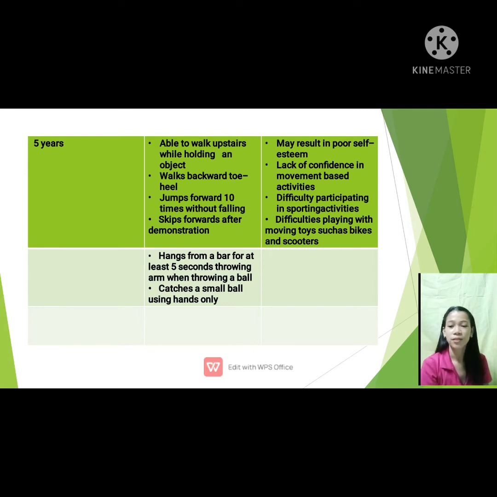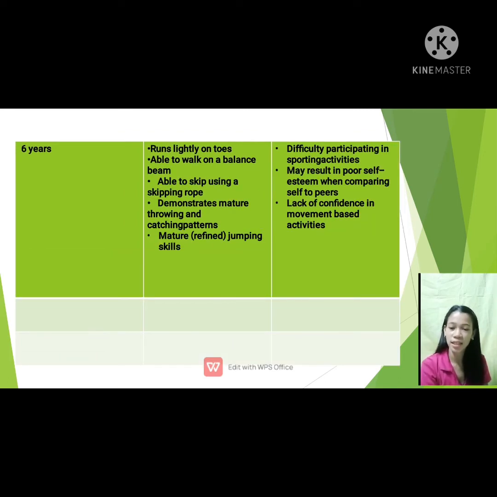While at 6 years old, the last, the child runs lightly on toes, is able to walk on a balance beam, able to skip using a skipping rope, and many more. Next is difficulty participating in sport activities, like in 5 years old that we tackled. It may result in poor self-esteem when comparing oneself to peers, like at 3 to 4, and 5.